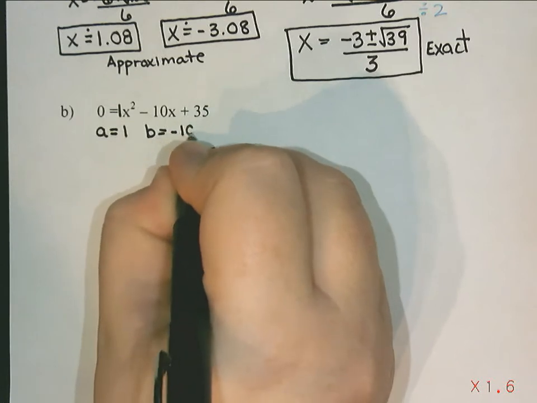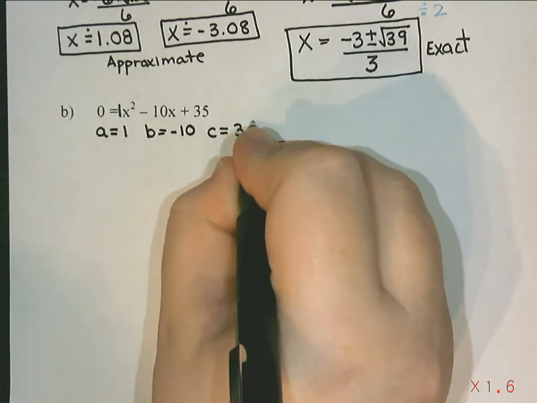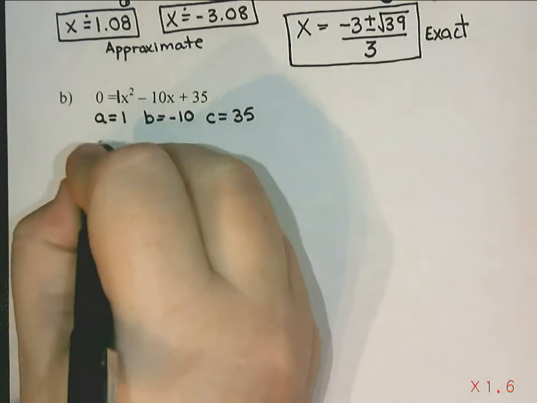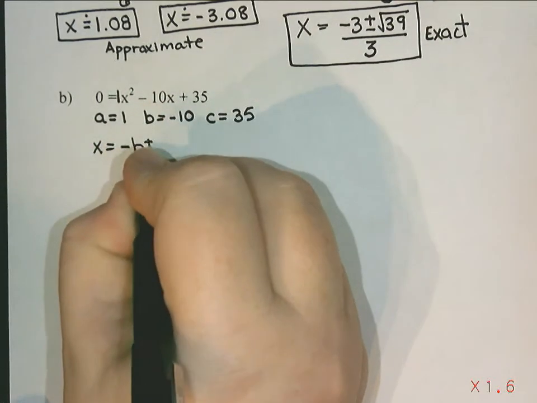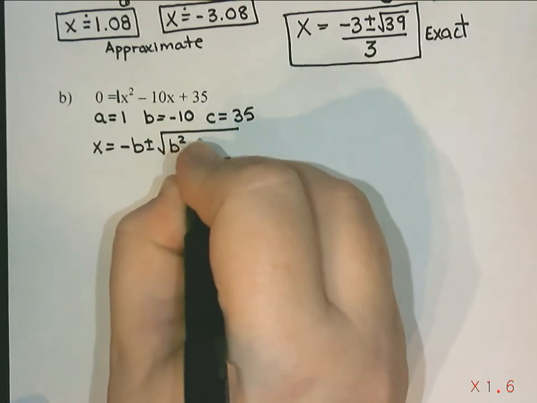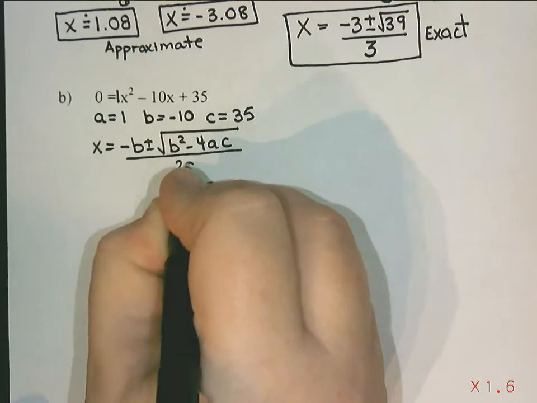You need to take the sign that comes with it. And then c would be 35. And you should always write down your formula. So x equals negative b plus or minus square root b squared minus 4ac divided by 2a.